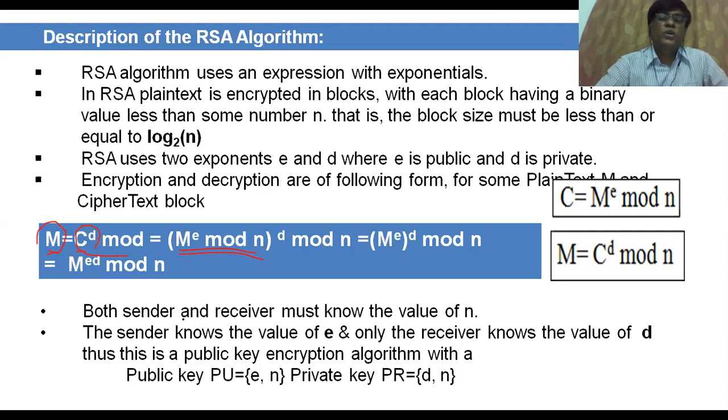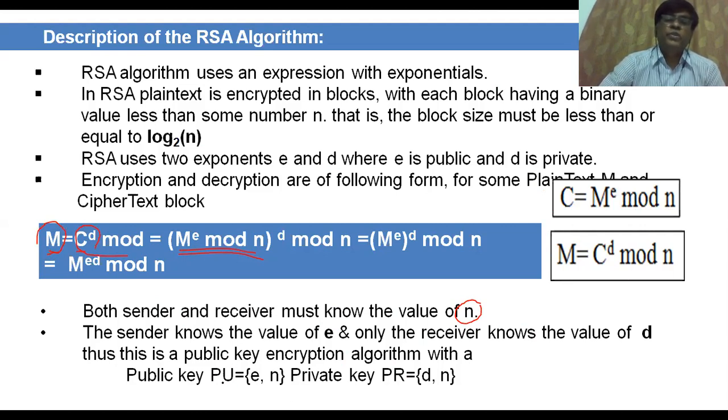Now, both sender and receiver must know the value of N. The sender knows the value of E, and only the receiver knows the value of D. Thus, this is a public key encryption algorithm.